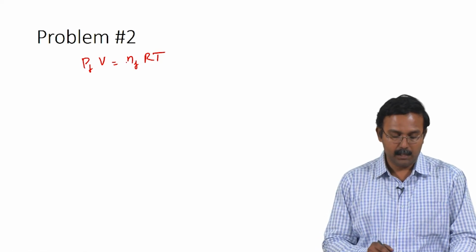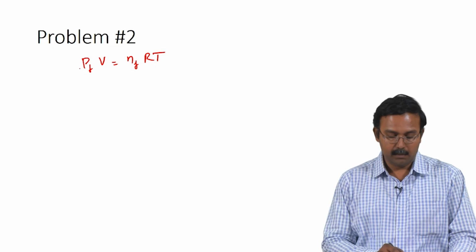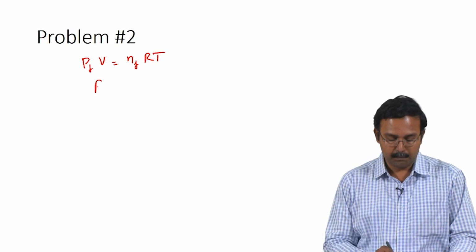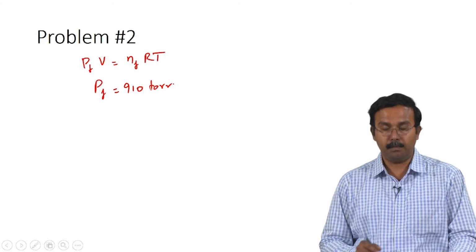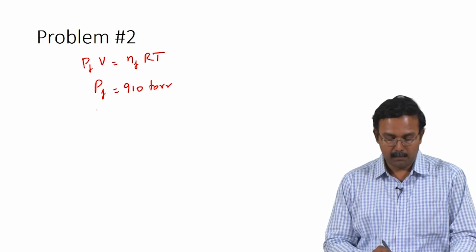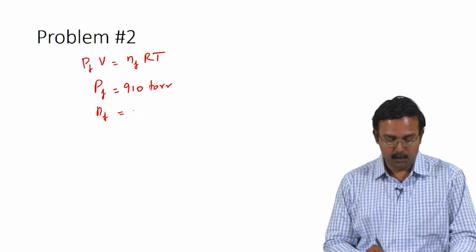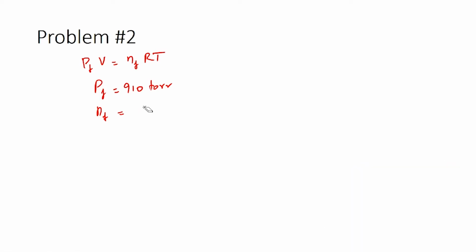So, we can calculate N final from here, and we know the final pressure, P final, is 910 torr. So, we can convert this to pascals, and from there we will be able to calculate the final number of moles, which would be N final equal to 0.03343 moles. So, from here we can calculate x.